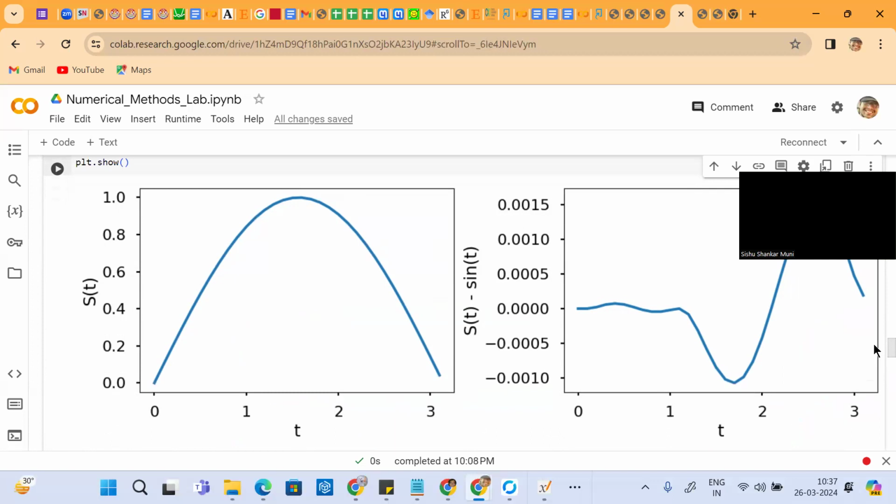Now, on the right side, what are we showing? Error, in the sense of the difference between the analytical and the approximate. Analytical is already sine, which we saw. Numerical is what you saw on the left side. So this is the error. You can see it's on the order of around 0.0015, which is quite good.